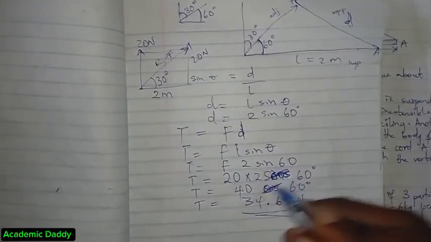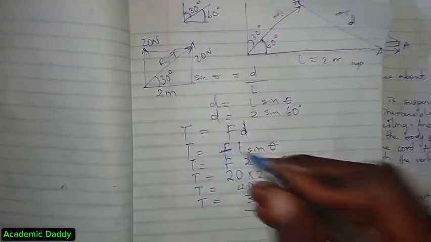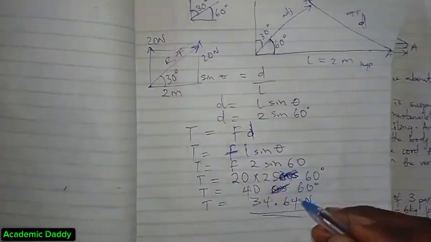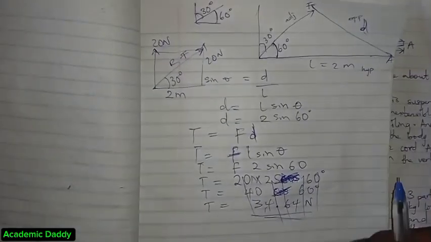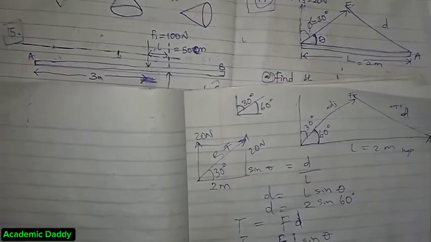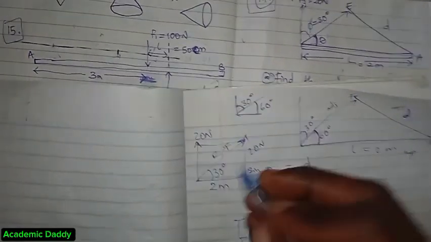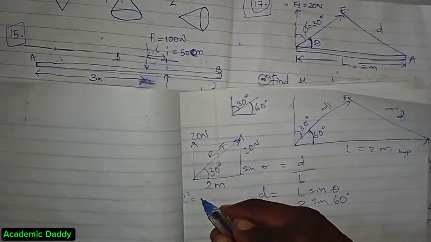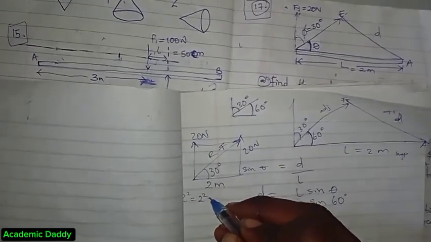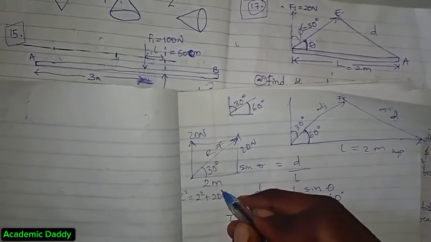But what we want to do is to find the force. The F is not given there. So if we find that F, we use our sign. So let's maintain everything. If I want to get this now, I have this, I have this. So using Pythagoras, I will say r square is equal to 2 square plus 20 square.